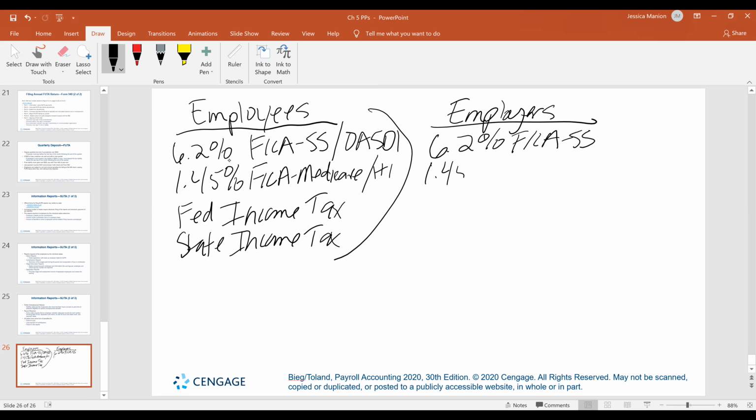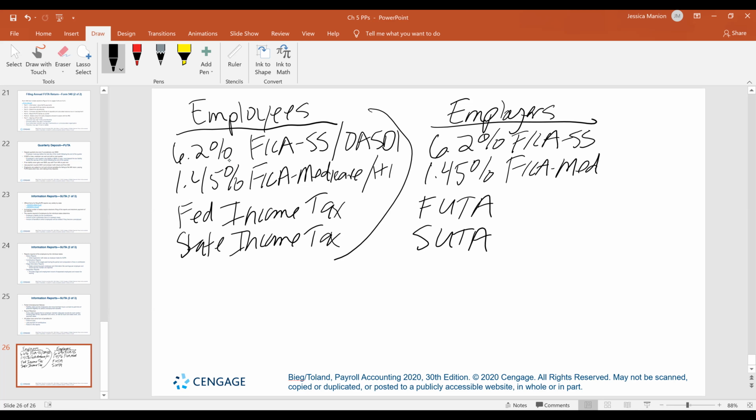Employers also have to pay 1.45% FICA Medicare. They have to match what their employees pay. But employers do not pay federal income tax. They do not pay state income tax, but they do pay FUTA, and they pay SUTA.